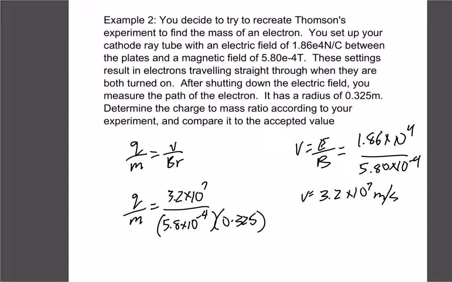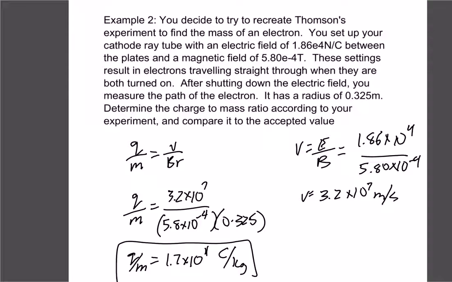So if we do that calculation, we get a charge to mass ratio of 1.7 to the 11. And that would be coulombs per kilogram. Okay, so that's the number based on those calculations. So now it says, actually, let's compare this to the accepted value.